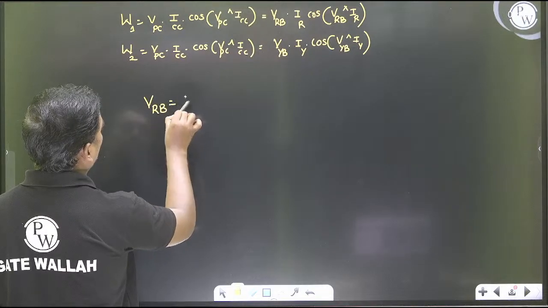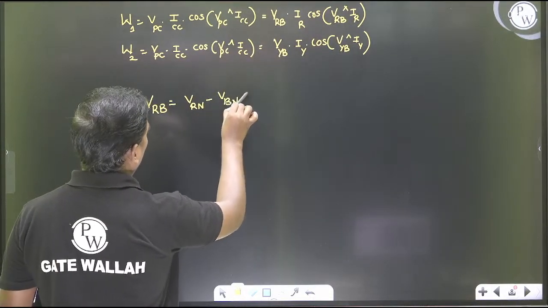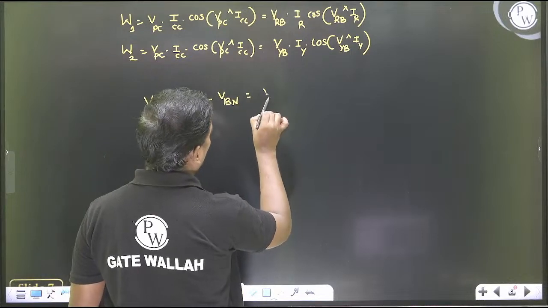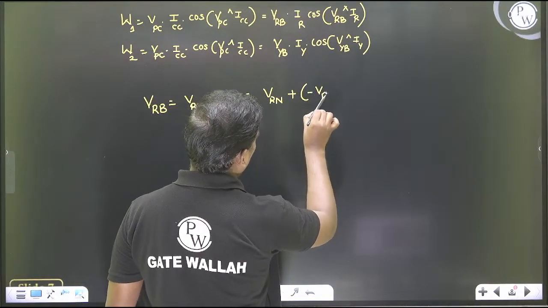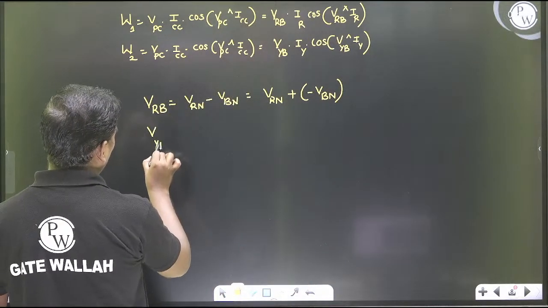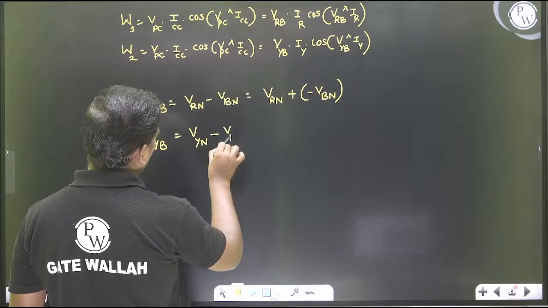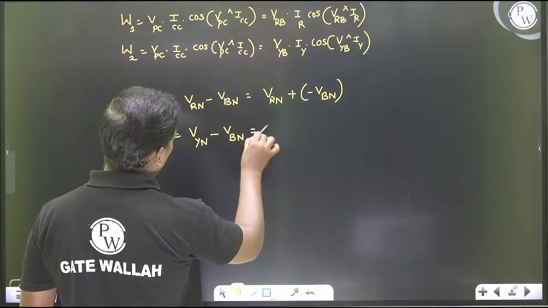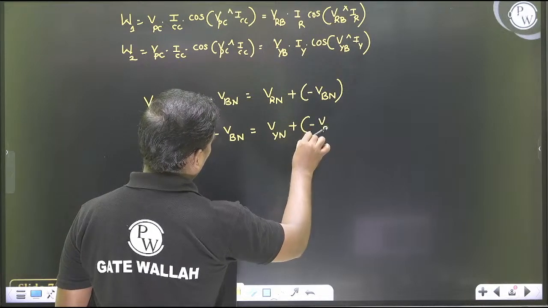VRB can be nothing but VRN minus VBN. That I can write like this: VRN plus minus VBN. VYB is equal to VYN minus VBN. So this is VYN plus minus VBN.